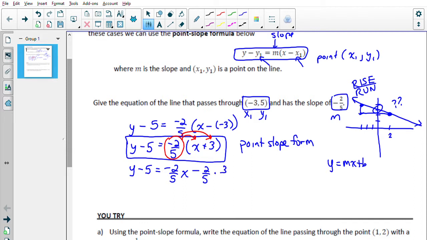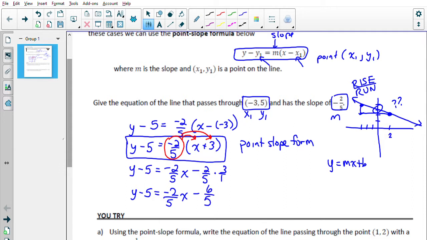So now you're multiplying, and the way you multiply those is you treat 3 as 3 over 1, and that's a fraction. So you'll get -2/5 x minus, and when you multiply 2 times 3 you get 6, 5 times 1 you get 5.